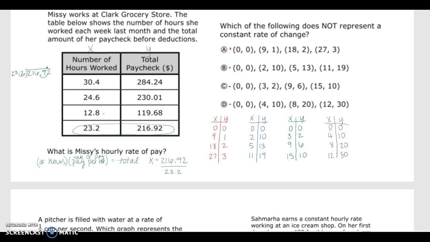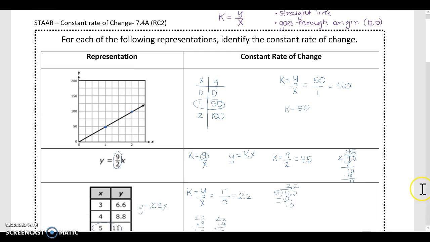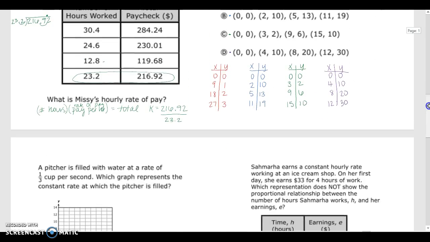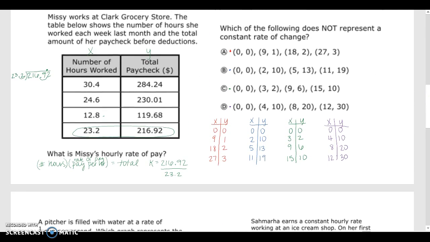Okay, for each of these, we want to find the constant. So I'm going to start here with D. So y over x, right? So 10 over 4, is that equal to 20 over 8? Yes. Okay, is that equal to 30 over 12?